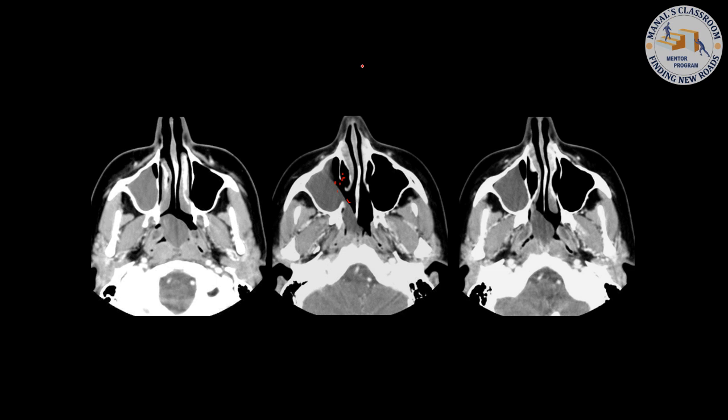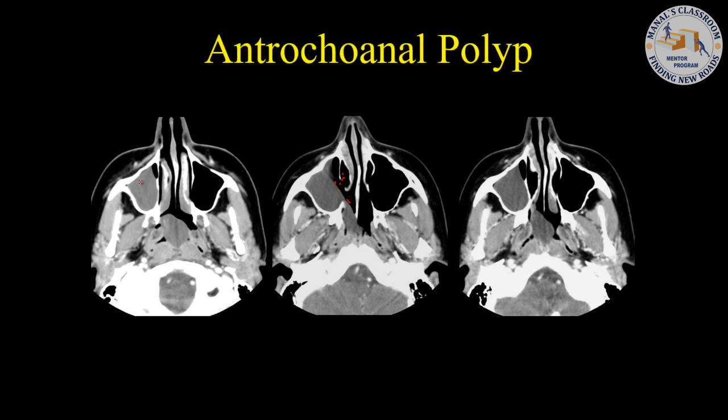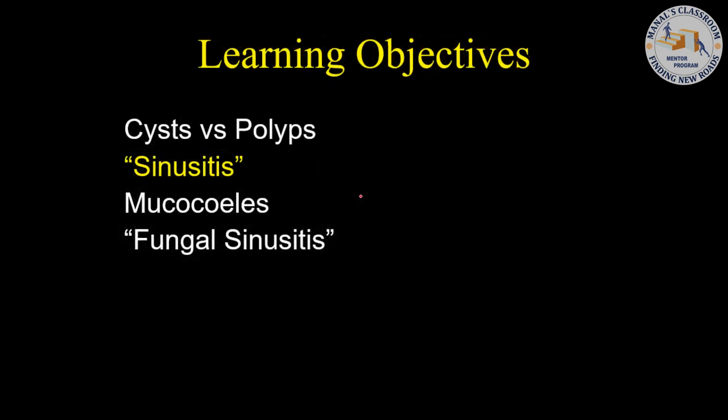What specifically if it goes to the sinus and into the choana? There you go, anterochoanal polyp. So this is a true anterochoanal polyp, and it derives its name because it's involving the maxillary antrum and is extending through the posterior aspect of the choana. So that's an anterochoanal polyp.